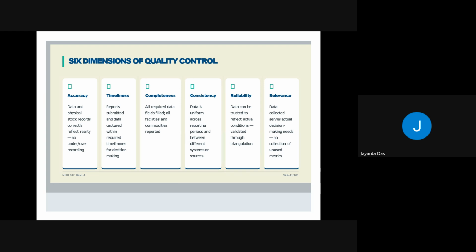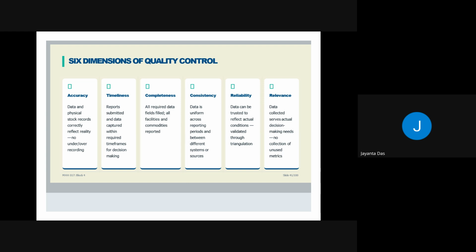Completeness: all required data fields are properly filled. Many a time this is one issue, that despite all our efforts, or maybe due to work pressure, lethargy, fatigue, all these things lead to incomplete data entries. Consistency of the data should be maintained.